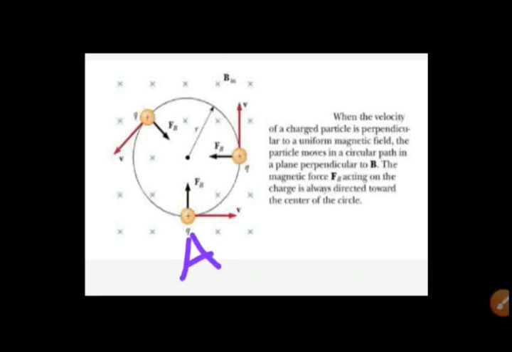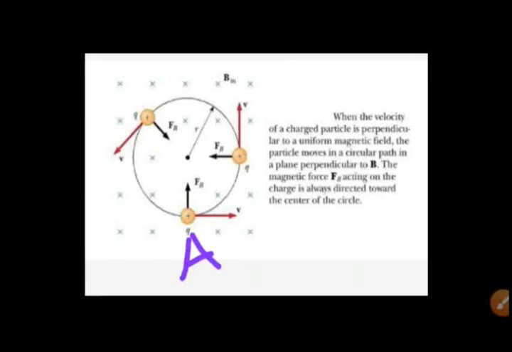The charged particle is a positively charged particle q, and at the point A, its direction of motion is along right. That is, the direction of velocity is towards right, and we know at this point it will experience a magnetic force equal to qvB. Now let us find out the direction of this magnetic force.